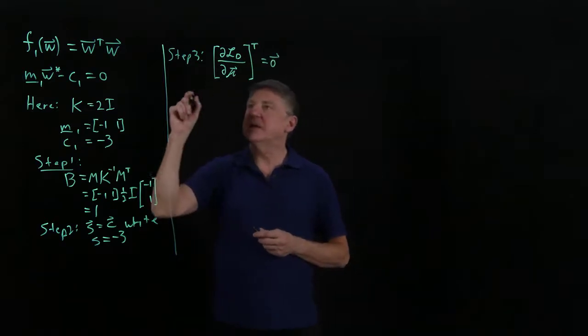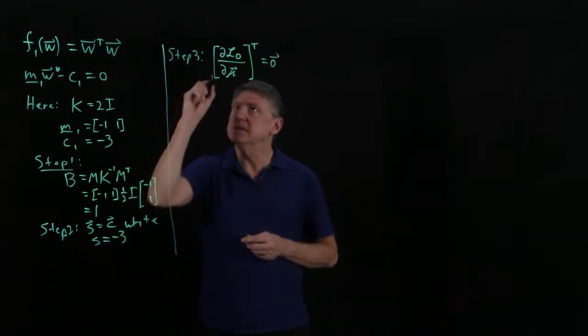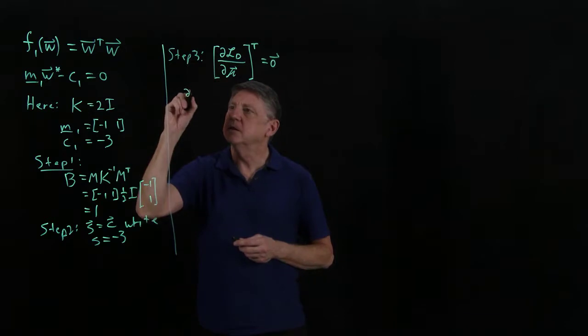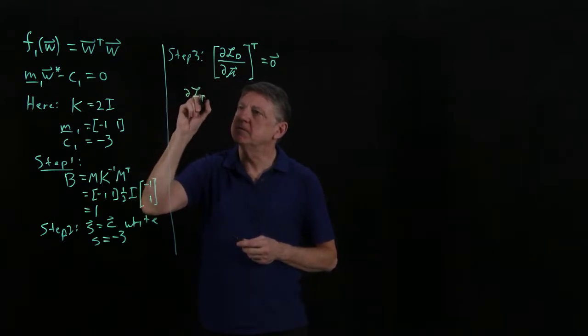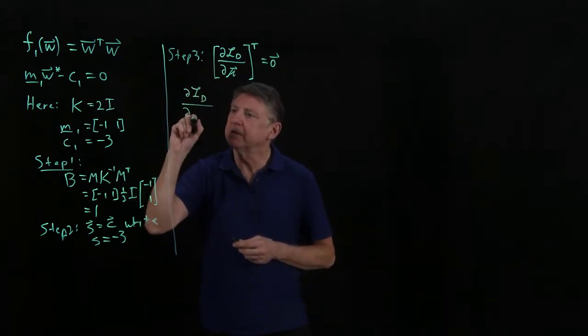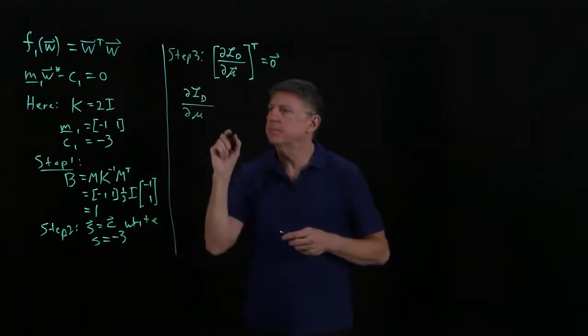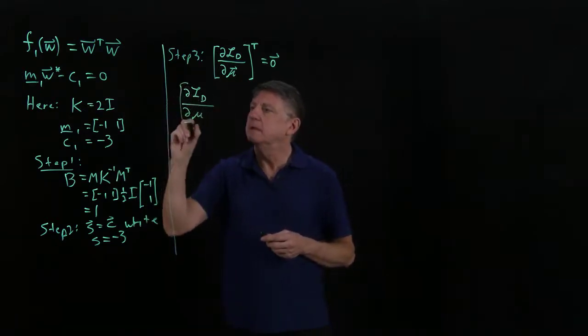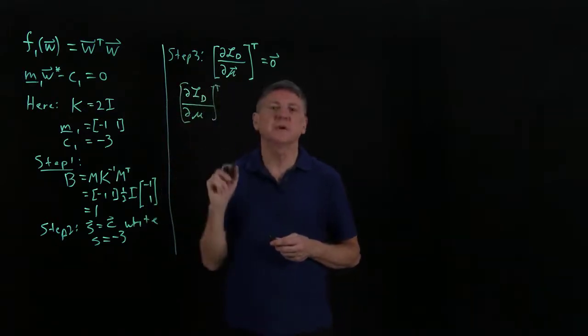So in our case, this term, the partial derivative of the dual with respect to, now it's just a scalar, and that'll be a scalar, but we'll keep the transposing.